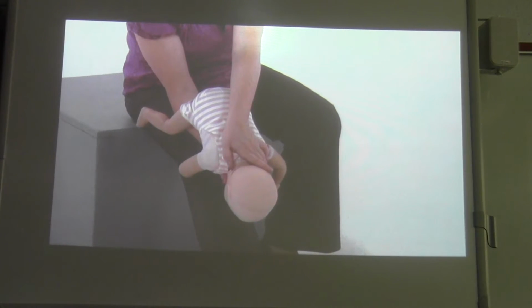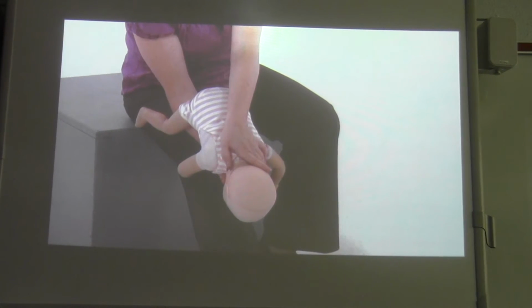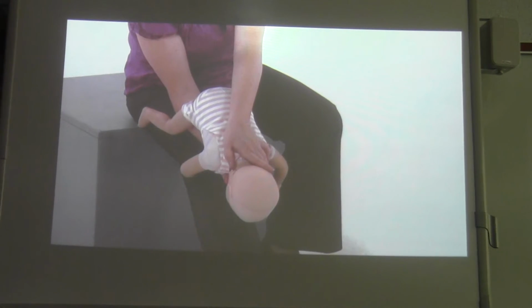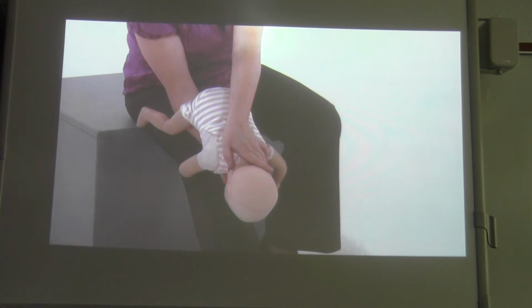So an infant should always be placed at an angle, downward. That's important. Gravity is helping out in this instance. The arms and legs should be on either side of your forearm.